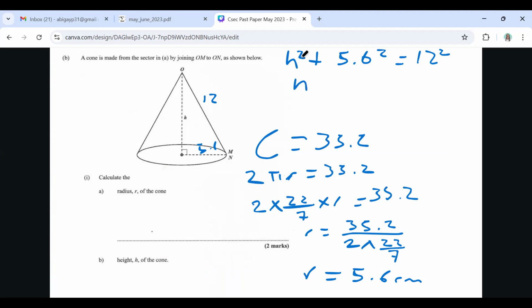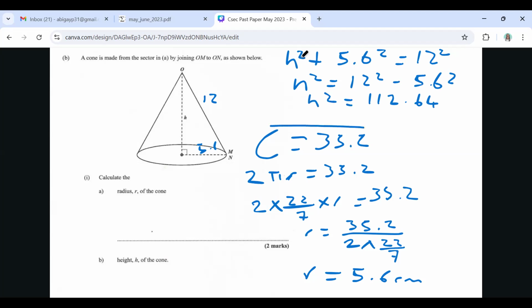So we know that h squared equals 12 squared minus 5.6 squared, which is 112.64.